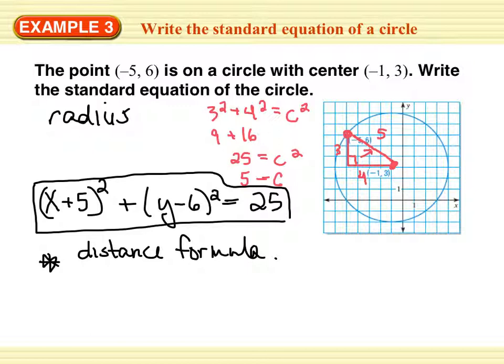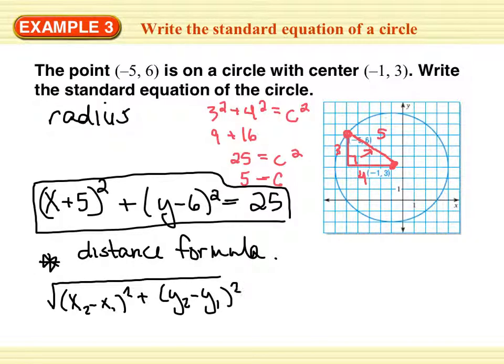And there we just have the square root of x2 minus x1 squared plus y2 minus y1 squared.